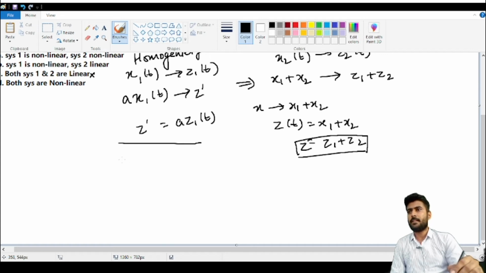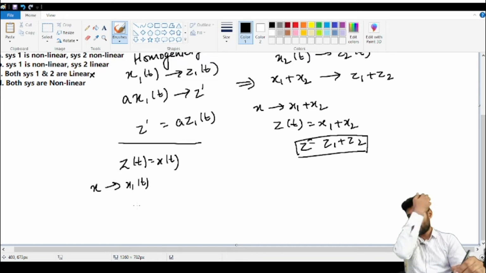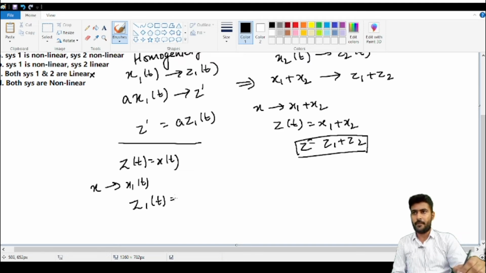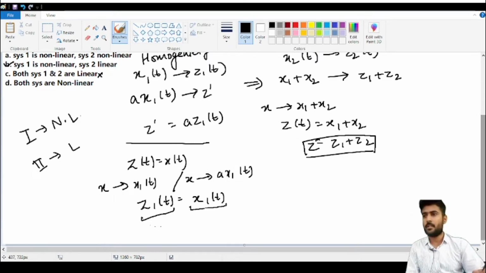We can clearly see that it satisfies the homogeneity principle, because the system is z(t) = x(t). First, let's say input x1 is applied. The corresponding output z1 will be equal to x1(t). Now instead of x1(t), input a times x1 is applied. Then the output z bar for the input a x1 will be a x1(t).